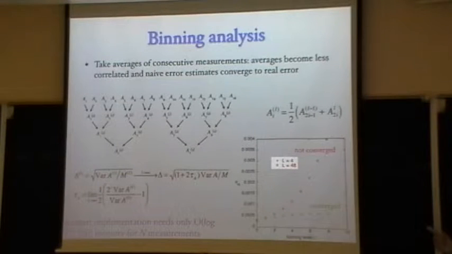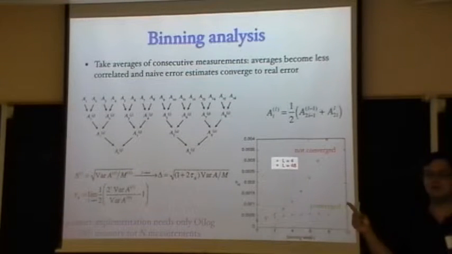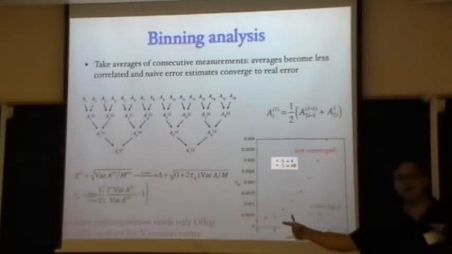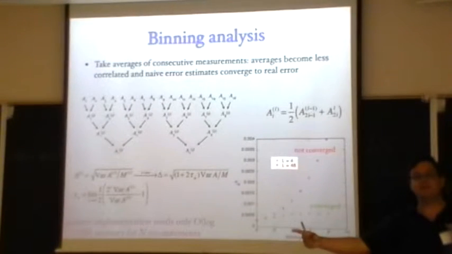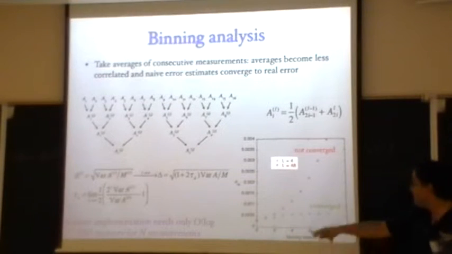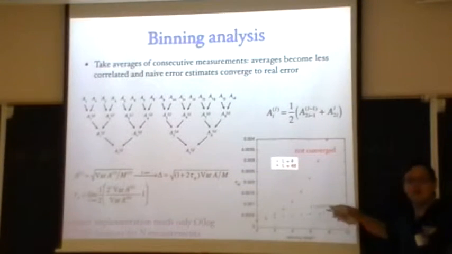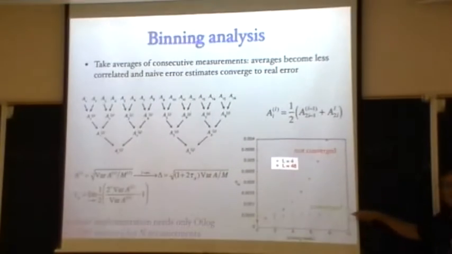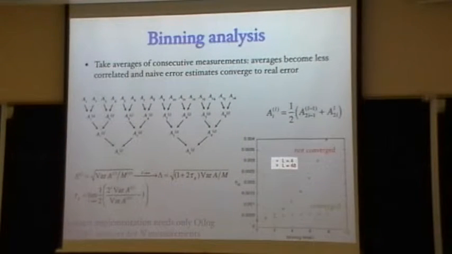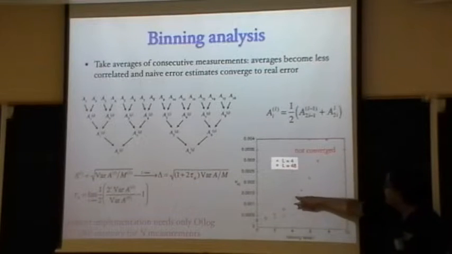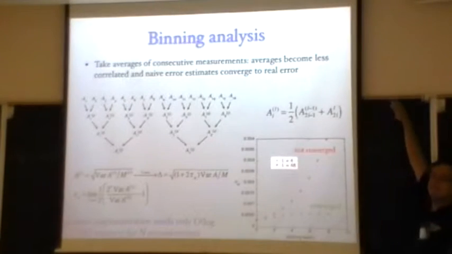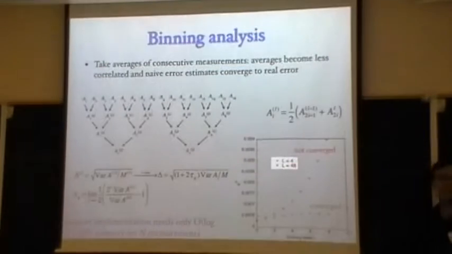Because once the bin size is larger than the correlation time, then the errors will be the true errors, because now there are no correlations left in the system. And from then on, you will always get the same true error bar. So it just converges. Here, it just keeps on increasing. So I need to run it much longer, then at some point it might converge, which might be a millennium.